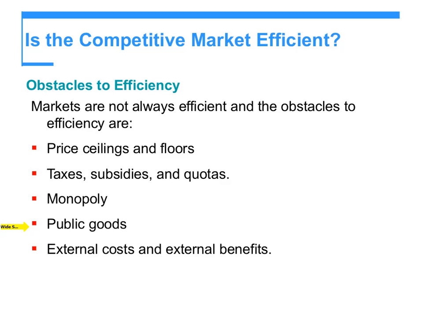There was an additional constraint, which was the price set by government. So you have to follow that. That is one of the obstacles. Taxes, subsidies, and quotas are another part. And a monopolistic market, where just one competitor produces the product, can also influence inefficiency in the market.